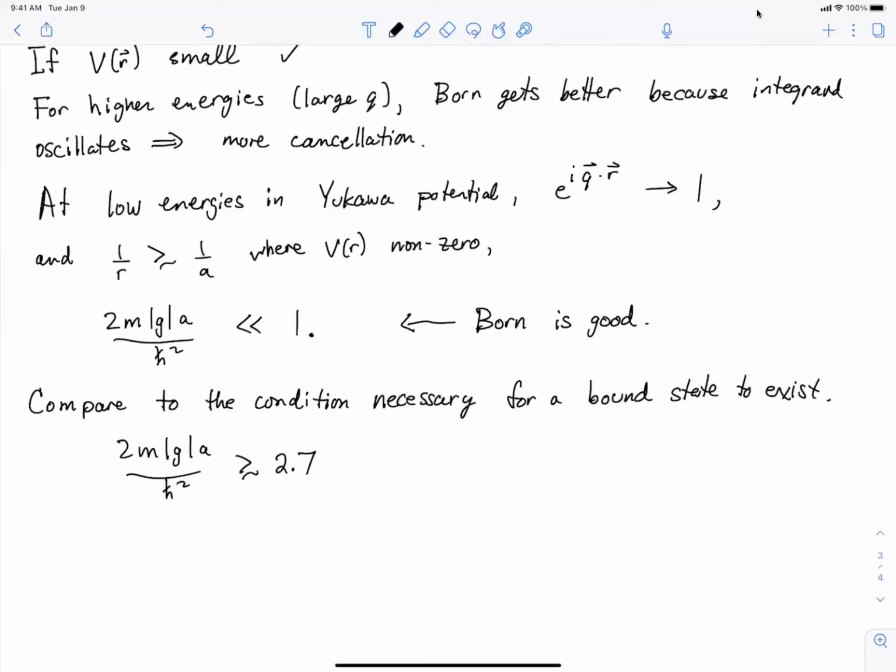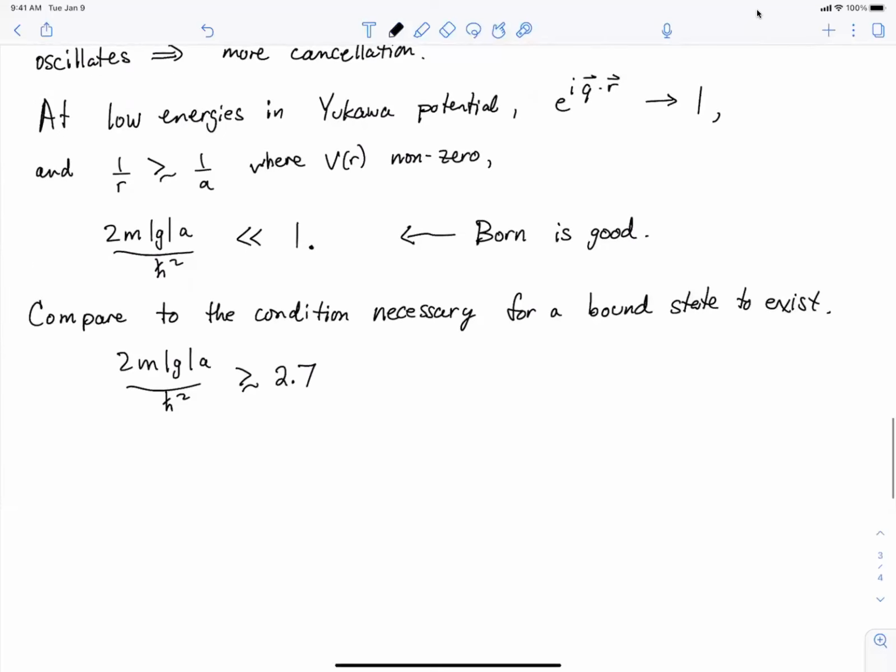You can get this by, for example, estimating the ground state energy with the variational principle. Just throw in your favorite wave function that approximates it, figure out what the energy has to be from that. Okay, and so that's roughly what you get.